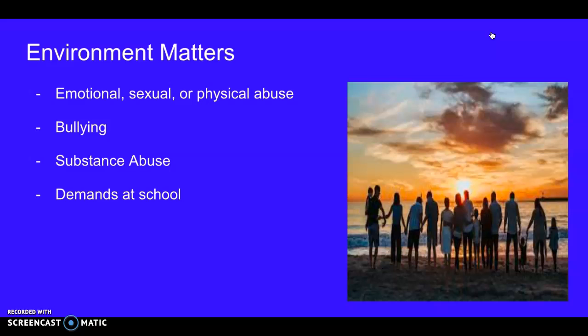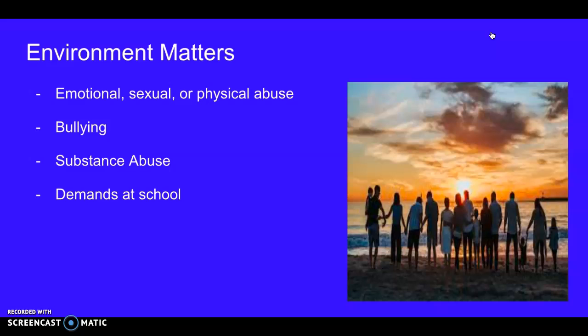So, how does an adolescent's environment affect them? Well, if there's emotional, sexual, or physical abuse present, or bullying, substance abuse, demands at school, all of this will contribute to a potential mental health issue.